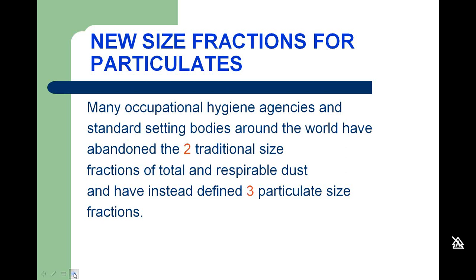Another recent issue is how occupational hygienists define particulate size fractions. Many occupational hygiene agencies and standard setting bodies around the world have abandoned the two size fractions of total and respirable and have instead defined three particulate size fractions.